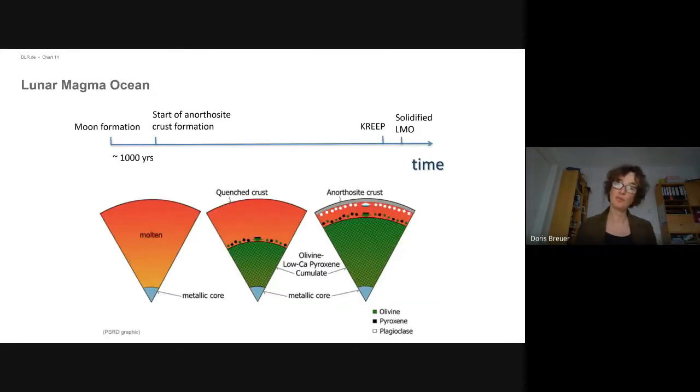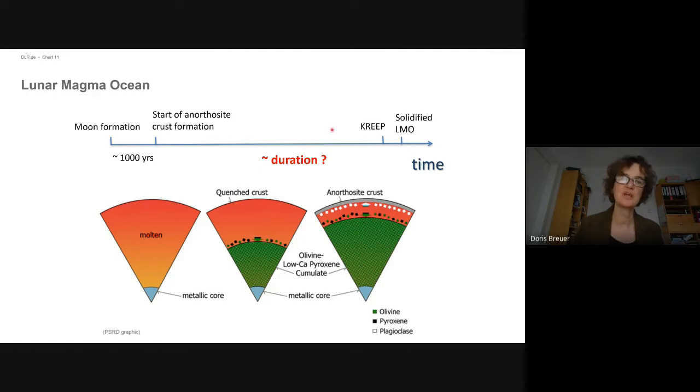Before I talk more about this IBC layer, I want to talk about the duration of the magma ocean. I've mentioned already that the first steps before you start crystallizing the crust are extremely rapid. But then you start forming the crust, then KREEP, and then everything is totally solidified.